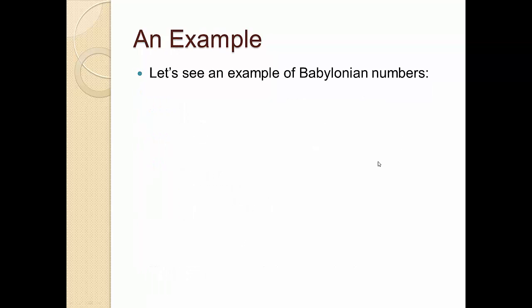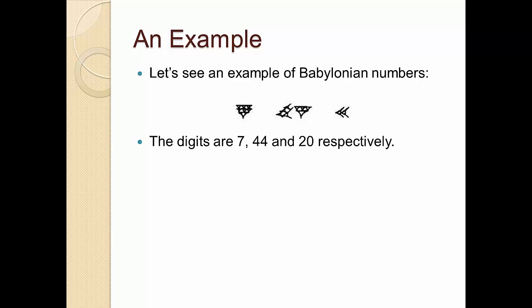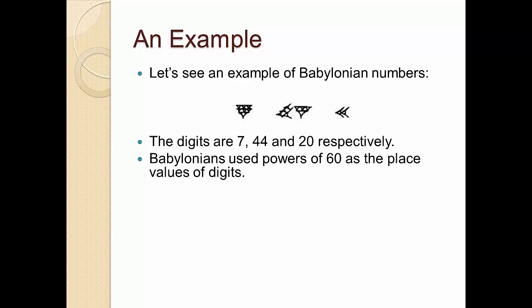Let's see the following example of Babylonian numbers. According to the table of Babylonian numerals we have shown you before, the digits are 7, 44, and 20 respectively. The number base of the Babylonian numeral system is 60. So the place values of digits are all powers of 60.